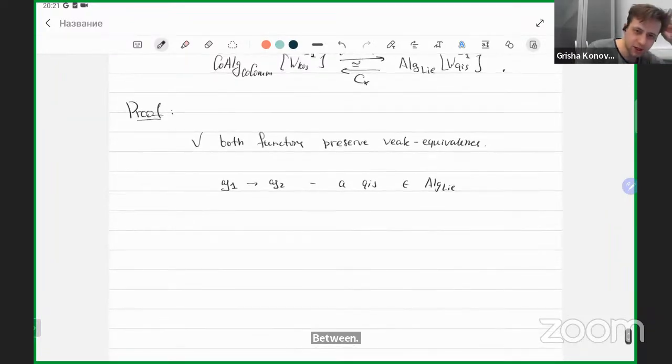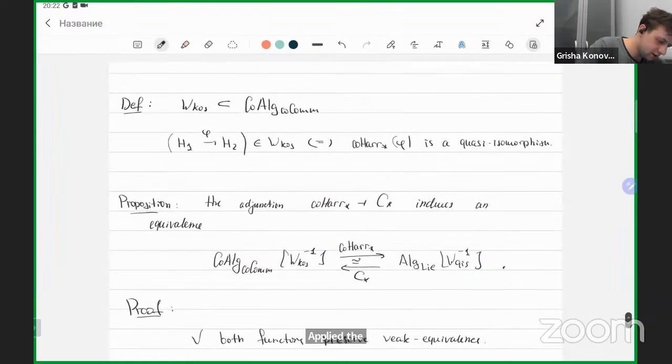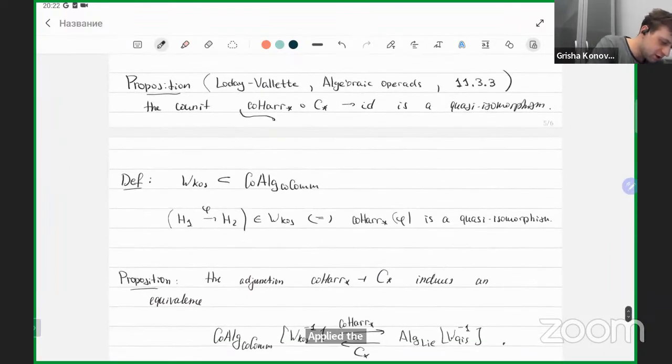Then we can apply this composite to both sides.